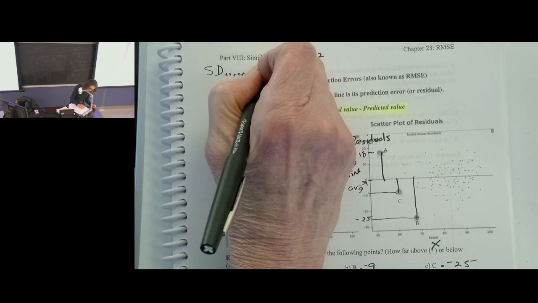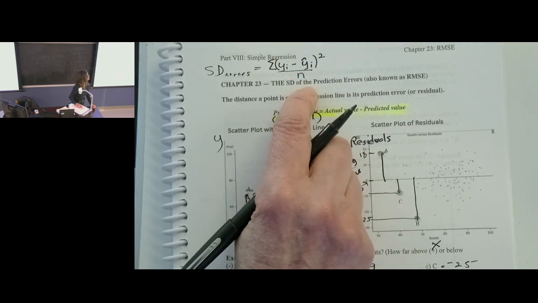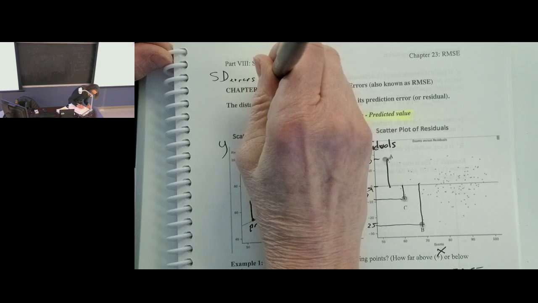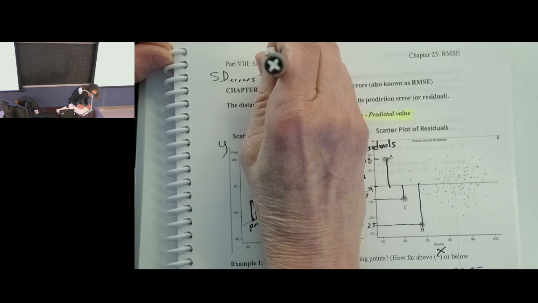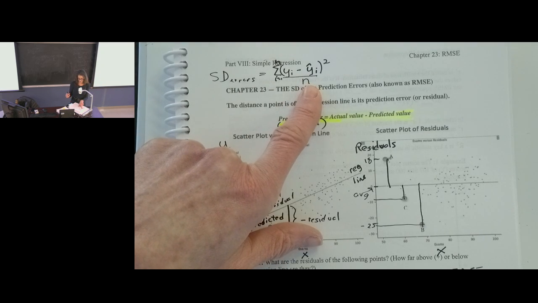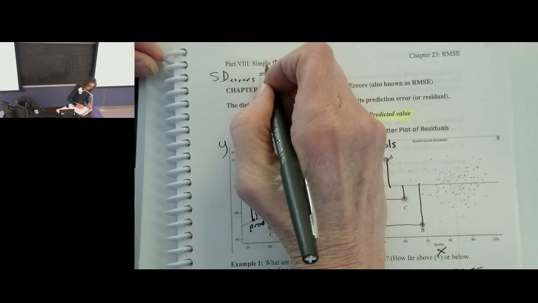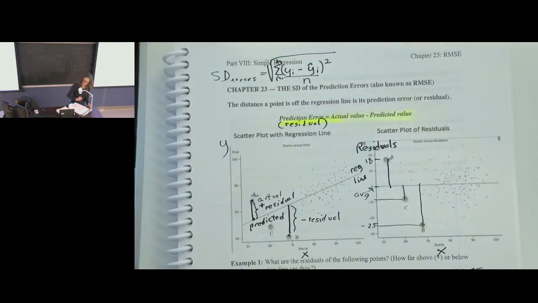So here would be summing them all up and taking the average of the squares, from i equals 1 all the way up to n of them. If there's 100 points, it would be all 100 deviations squared. This is the average of the deviations squared, which is the variance of them. But we want the square root, so it looks like that.